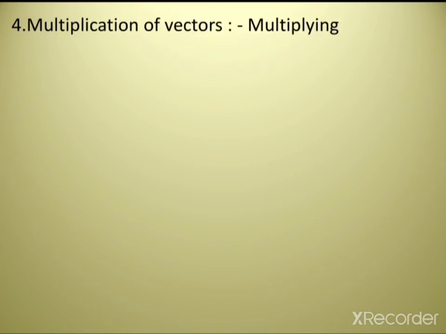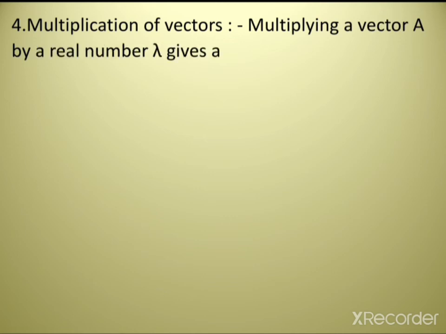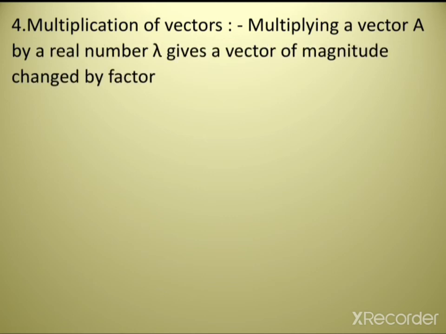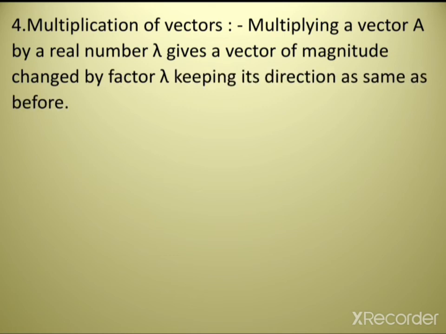Next, multiplication of vectors. If a vector a is multiplied by a number lambda, then the new vector will be changed by a factor lambda keeping its direction the same as before.